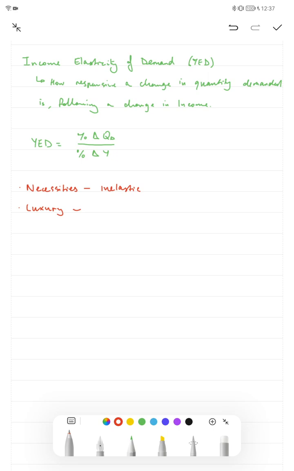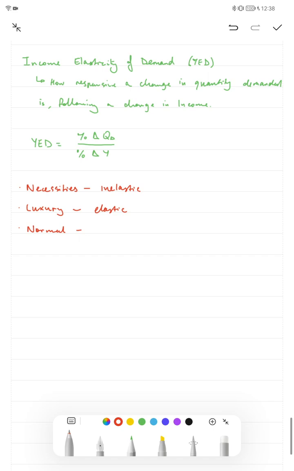So with these, they tend to be elastic, because if your income goes up a little bit, you will change them and tend to buy them. So it can be argued that they can be elastic for imported goods, or they can be inelastic as well in certain cases. You can have normal goods.